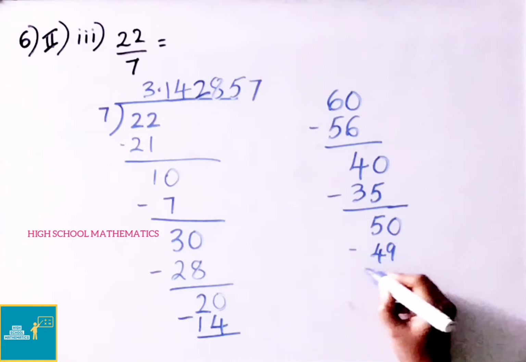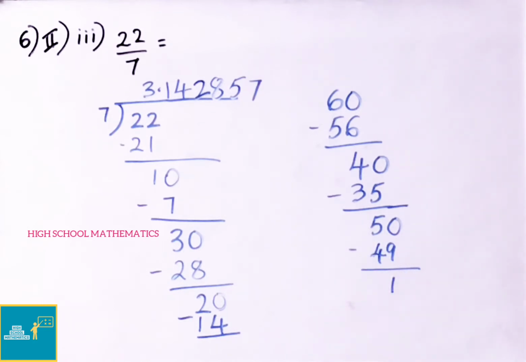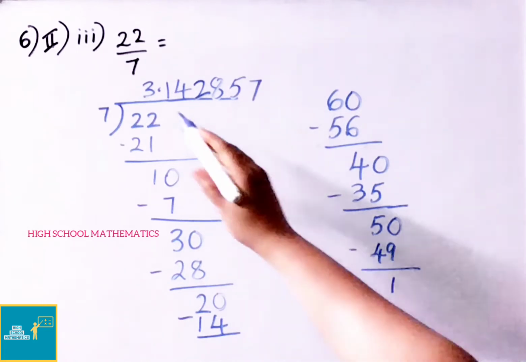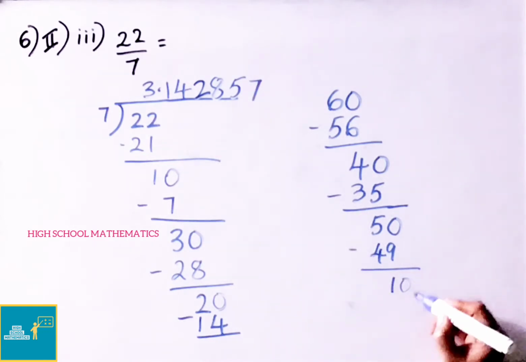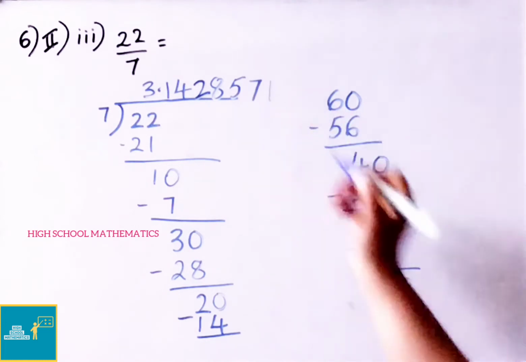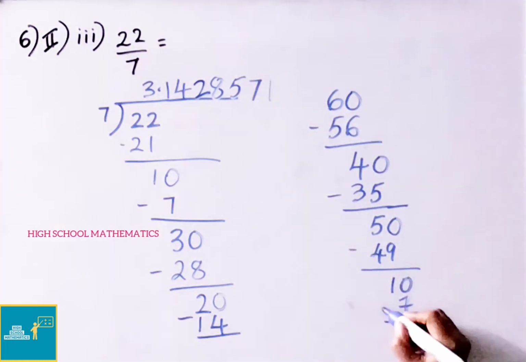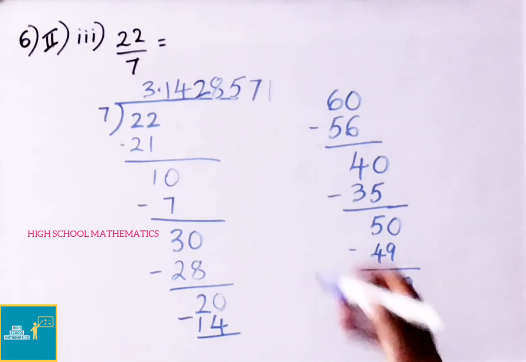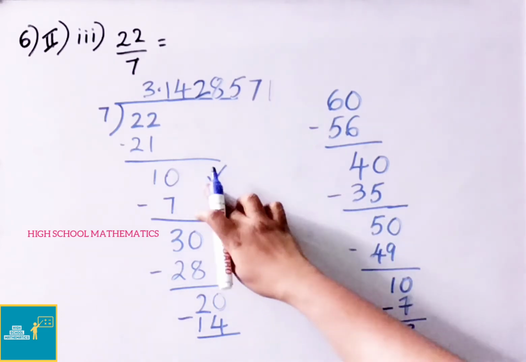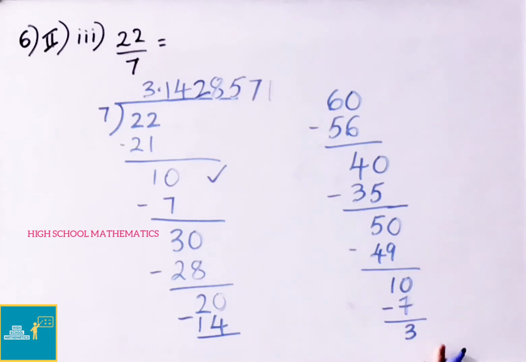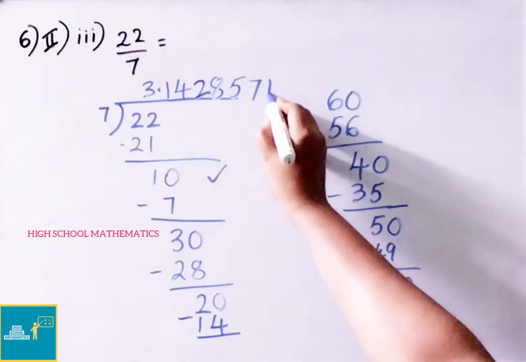So 50 minus 49, you will get a remainder 1. Again add a 0, now the number is 10. So we shall take 7 ones are 7. Now 10 minus 7, you will get a remainder 3. See here again we are getting this value 10, 7, again remainder 3. So we shall stop the division here.